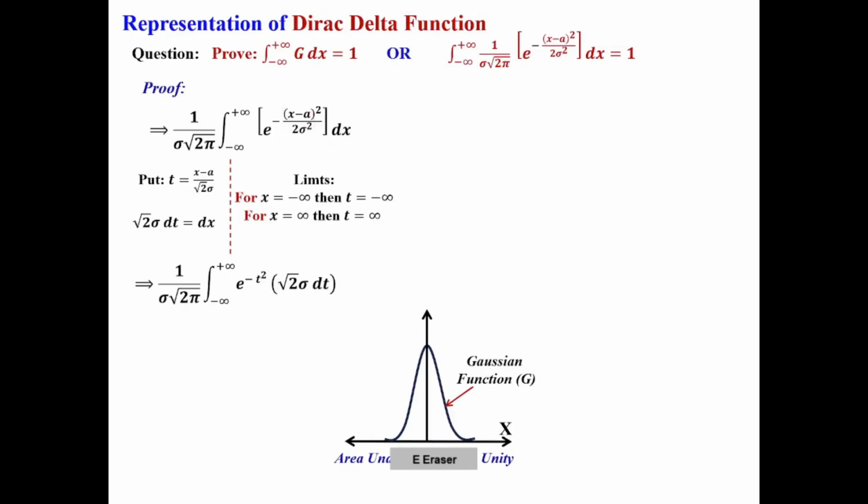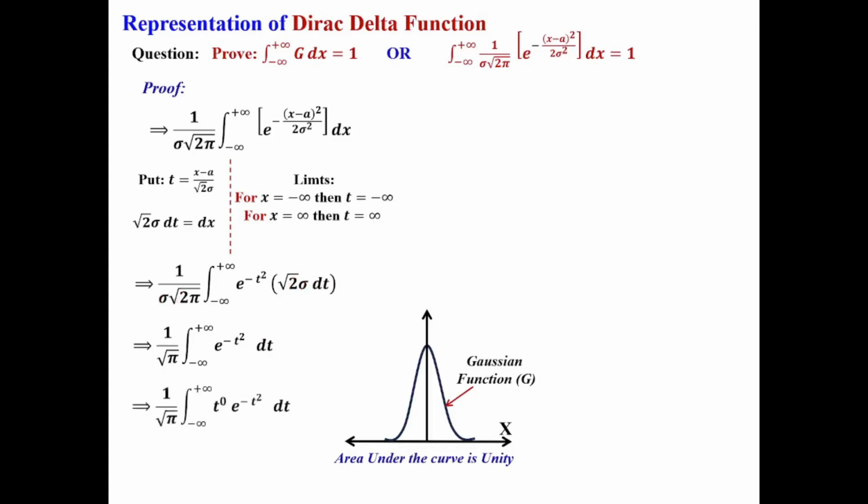Now root 2 got cancelled, sigma and sigma got cancelled, so the remaining will be 1 by root over pi, e to the power minus t square dt.